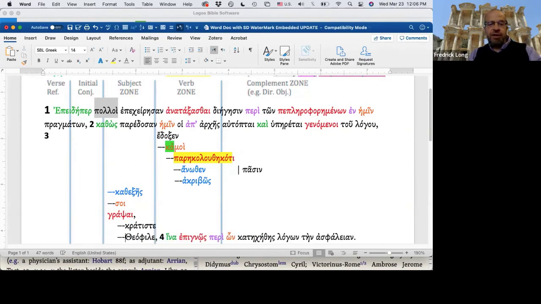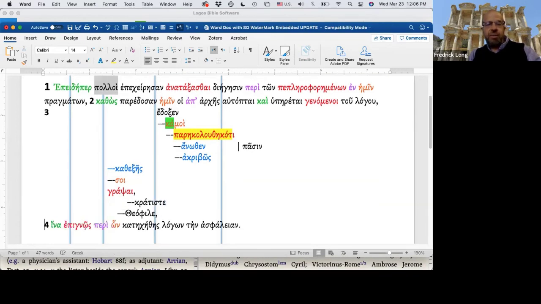And so here, vocatives are kind of interesting. Most excellent Theophilus, sometimes they don't have an explicit grammatical relation to the main sentence. In this case, I'm going to put it as modifying you, right to you, most excellent Theophilus.